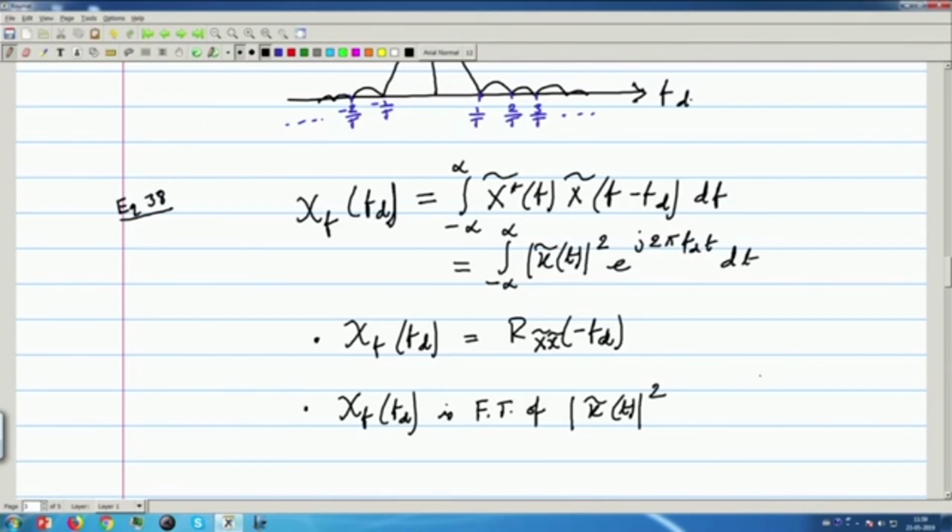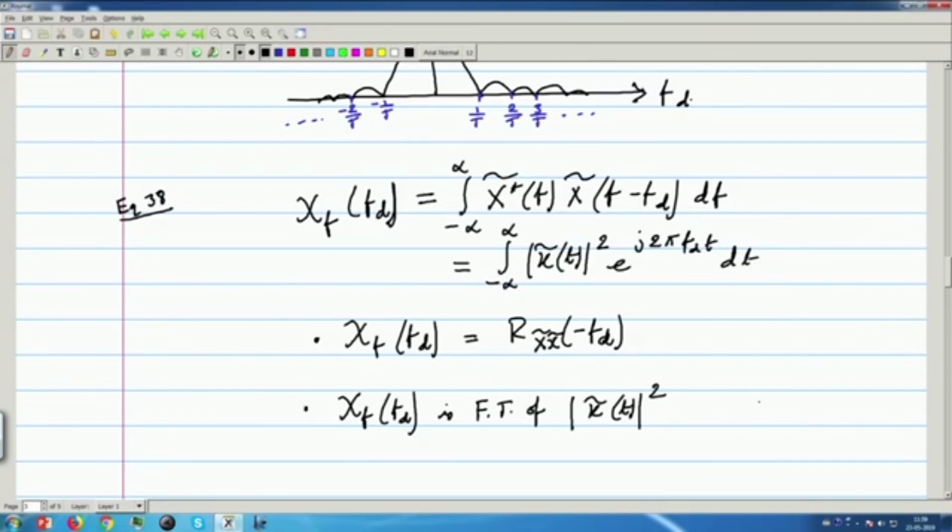So, there is a relation between the frequency correlation function and the integral of x t square d t, which is the energy. The energy in the time domain of the transmitted signal and the frequency correlation function are related. This we will explore later.